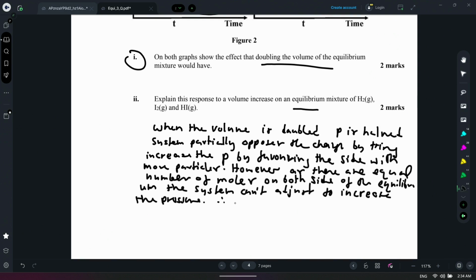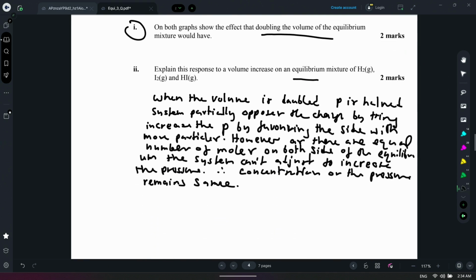Therefore, the concentration or the pressure remains the same. It does not change. All right, that's what you need to do. That's one mark to say that.